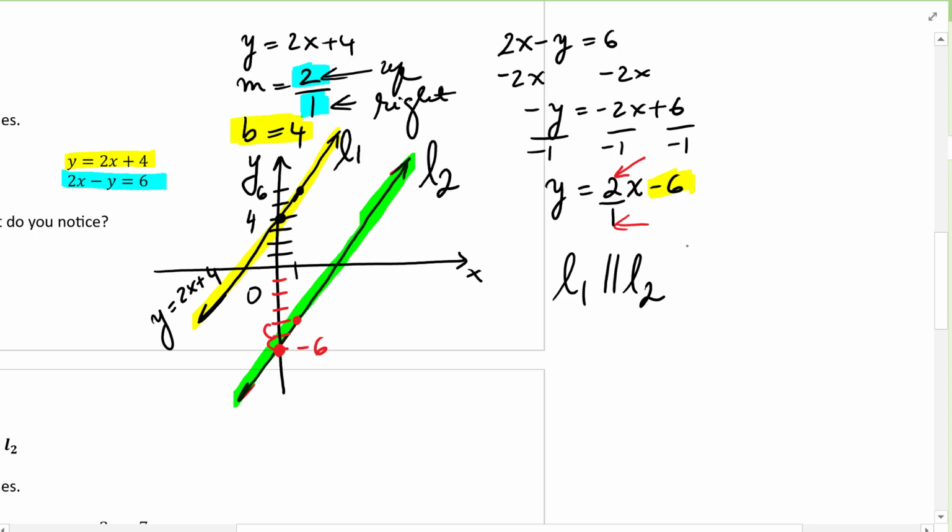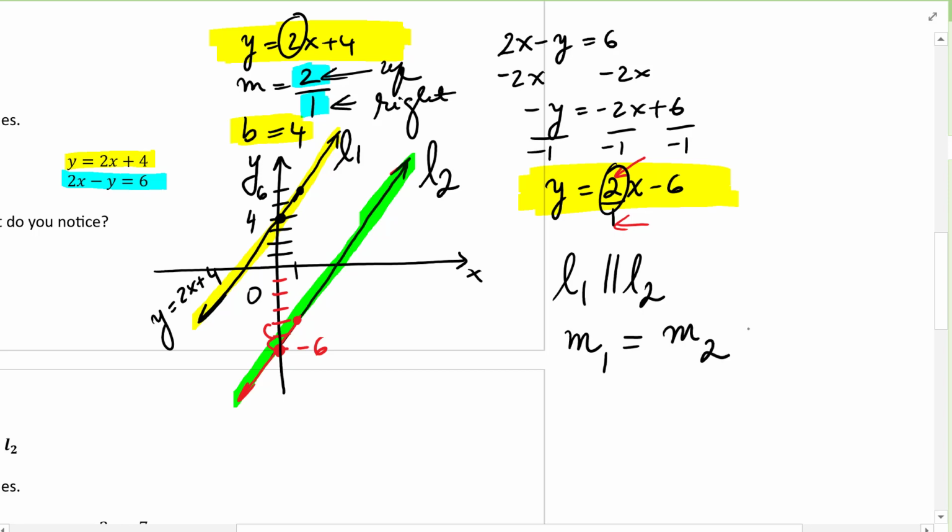If we compare y equals 2x plus 4 and y equals 2x minus 6, what do we notice? Well, we should notice that the slope of line 1, which is 2, is the same as the slope of line 2, m1 equals m2.